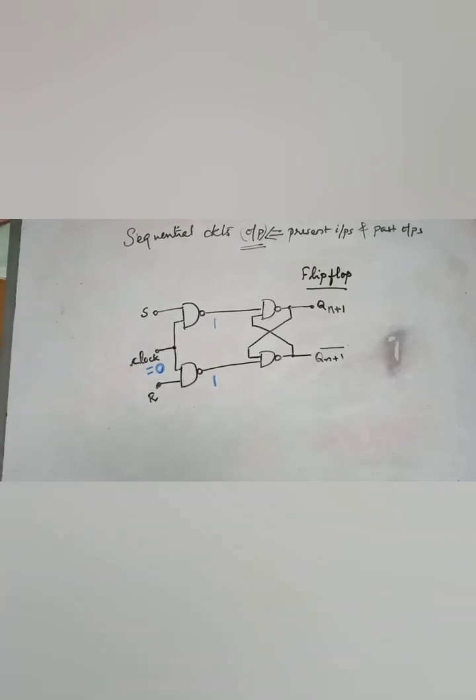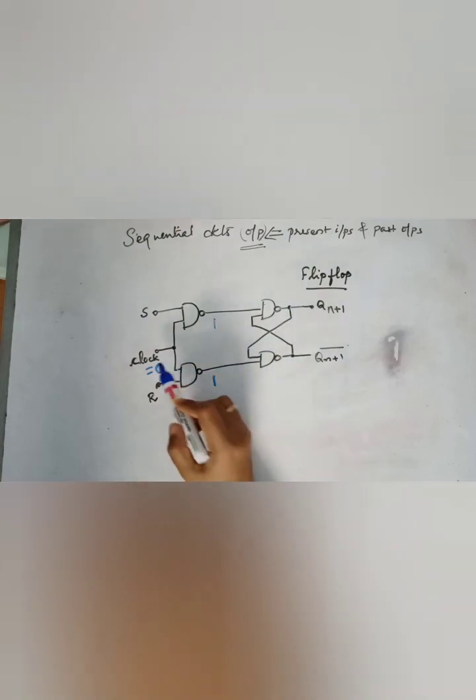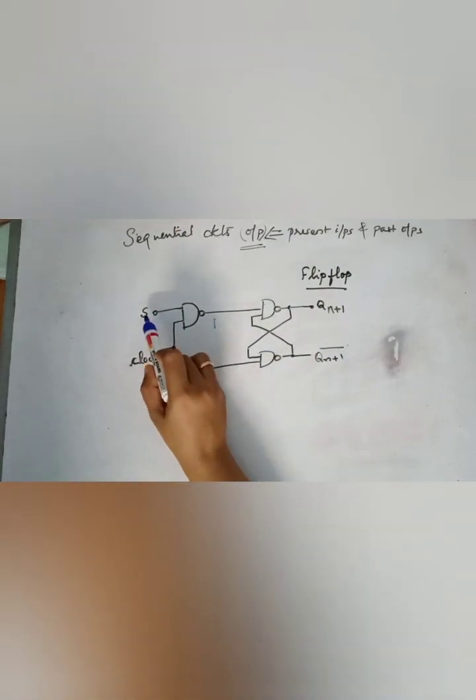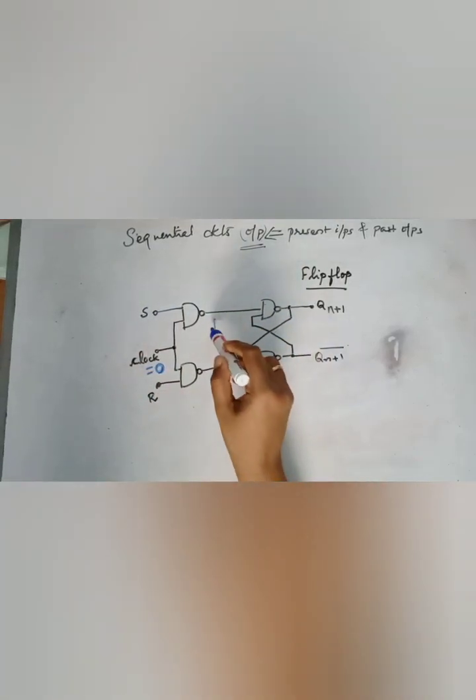So that is not what you need, because in the latch you didn't have an input. You are going to the flip-flop so that it will accept an input, and based on the input you'll get an output. The purpose of applying the input is not served because you are applying a clock equal to 0. When clock is 0, you give S and R 0 or 1, no problem.